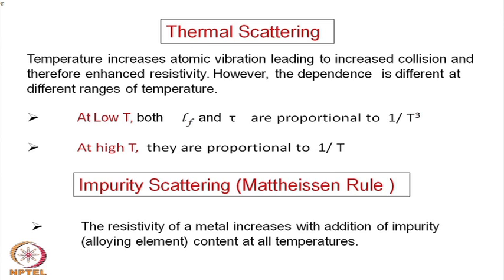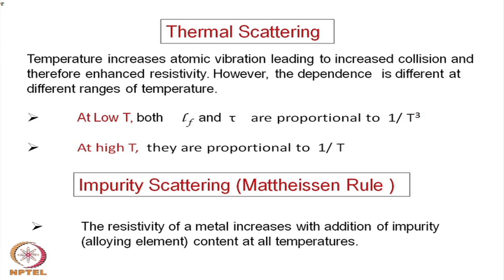So, both LF, the mean free path, and tau are proportional to 1 by T cube when the temperature is very low. Whereas at slightly elevated temperature, they are proportional to 1 by T.